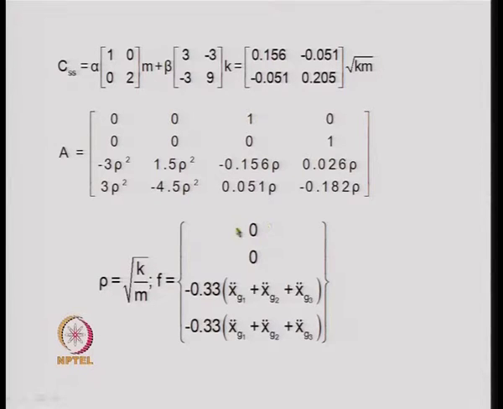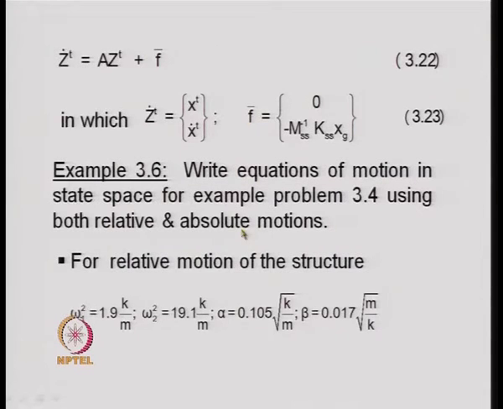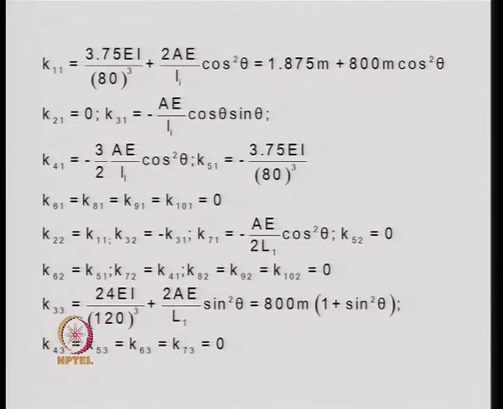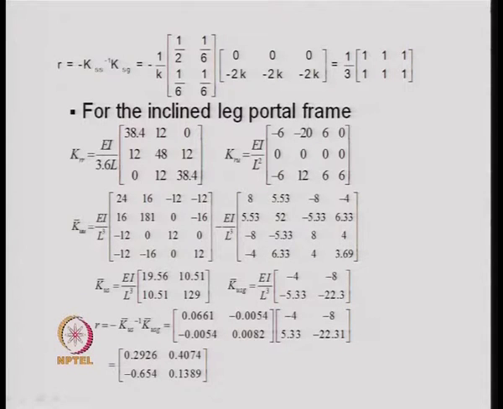And on the right hand side, the force vector, if you look at the expression, is equal to minus r into x double dot g. So, r for this problem we obtained as this, that is 1/3, 0.3333.